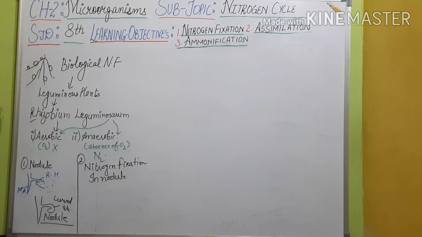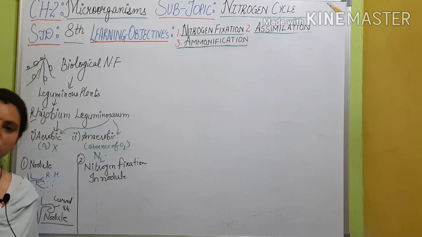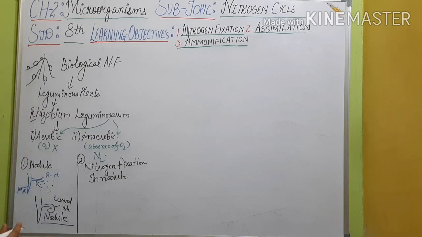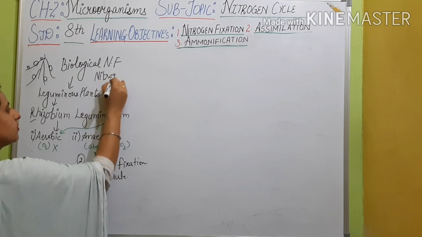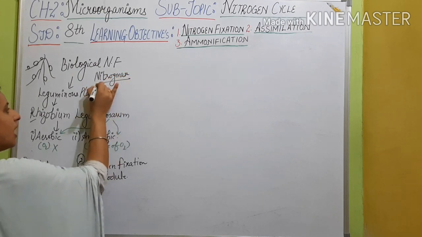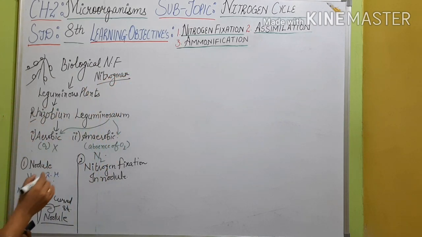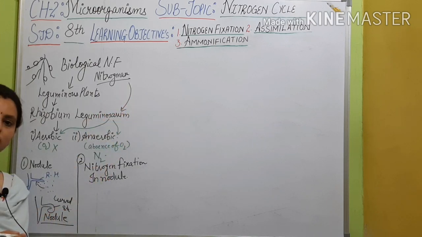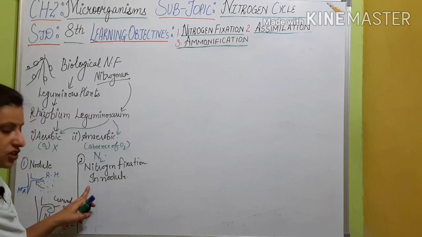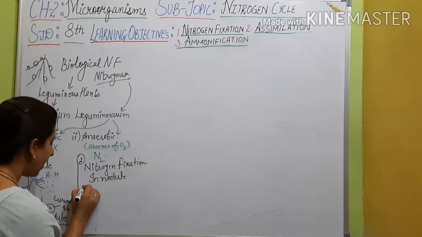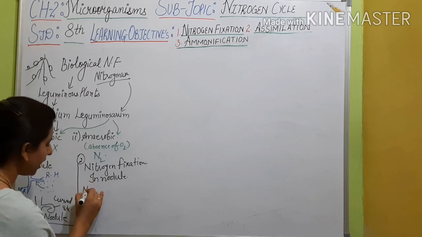Now in this nodule there is presence of a special kind of enzyme called nitrogenase, and this nitrogenase, with the help of this bacteria, will fix the atmospheric nitrogen for the plant. How? Let's see. Once the nodule is formed, the nitrogen fixation in the nodule will take place with the help of nitrogenase.